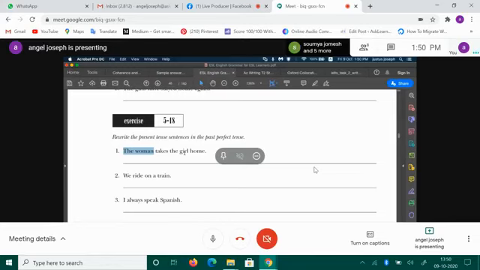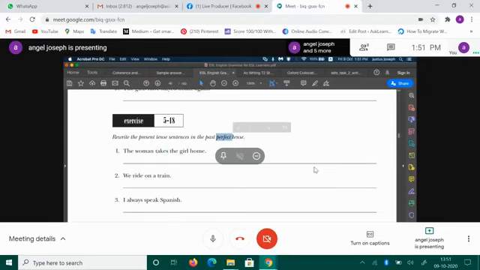How did we start? We first identified the verb. Then we looked at the verb carefully and we understood that the verb is in the simple present. How did we understand that? By looking at this S in takes. So simple present, take is the verb. We have to change this. Now, perfect tense.